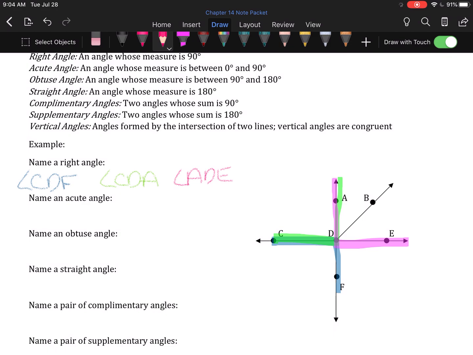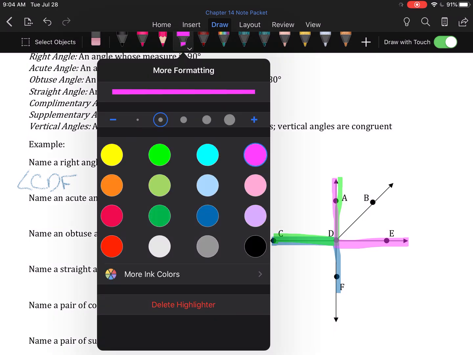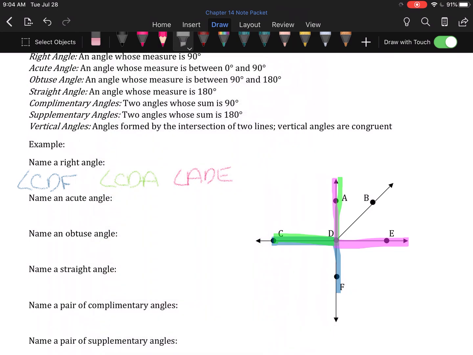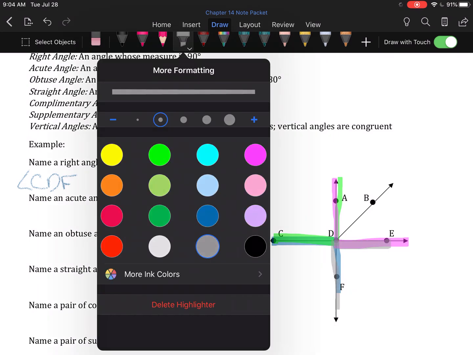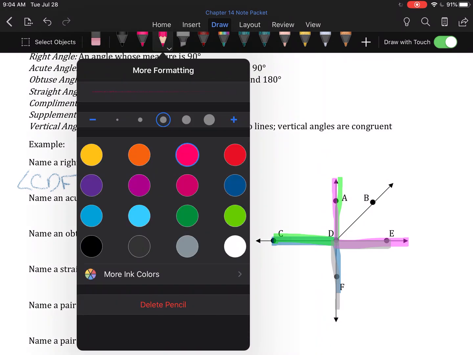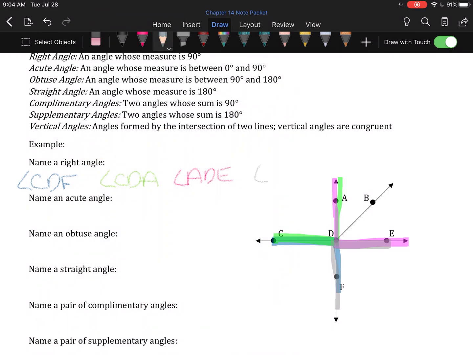And angle EDF is a right angle. So there are 4 right angles in that diagram to choose from. You only had to pick one.